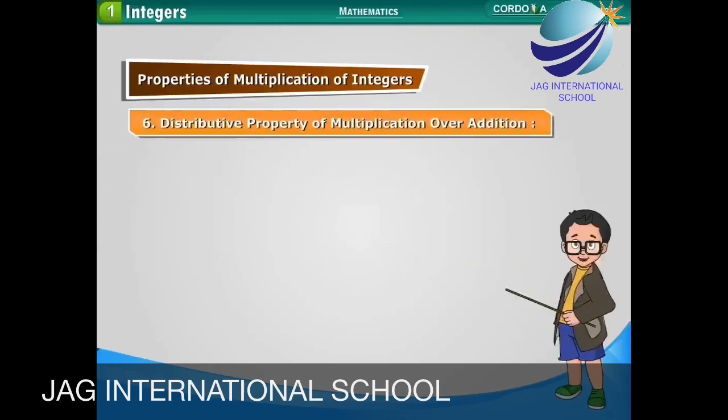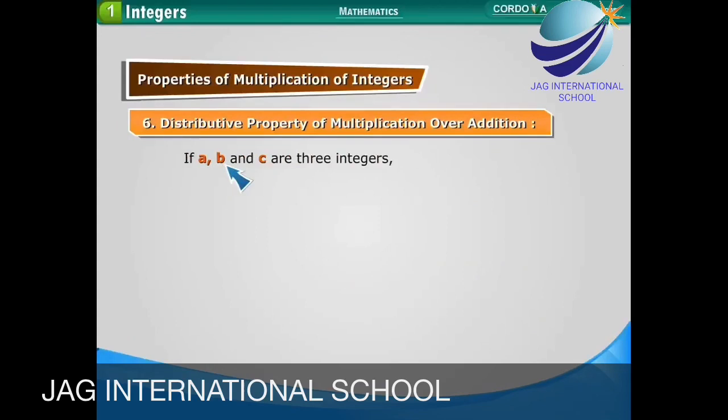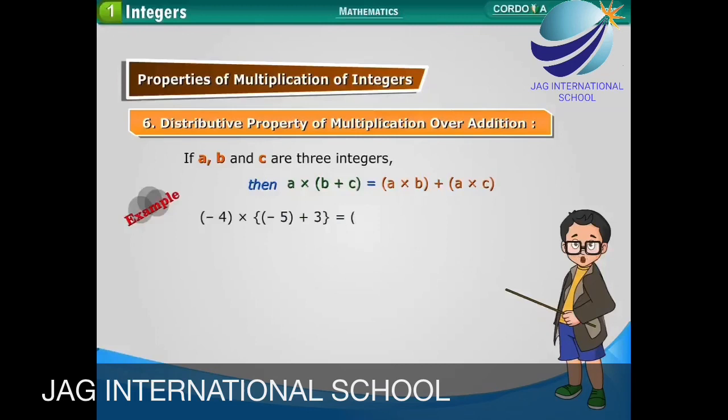Distributive property of multiplication over addition. If A, B and C are three integers, then A into (B plus C) is equal to A into B plus A into C. Example: negative 4 into (negative 5 plus 3) is equal to negative 4 into negative 2, which is equal to 8.